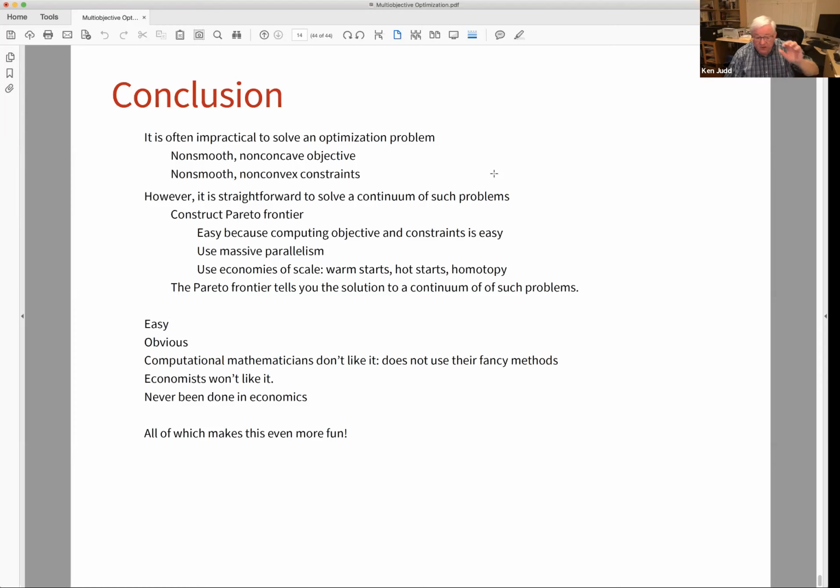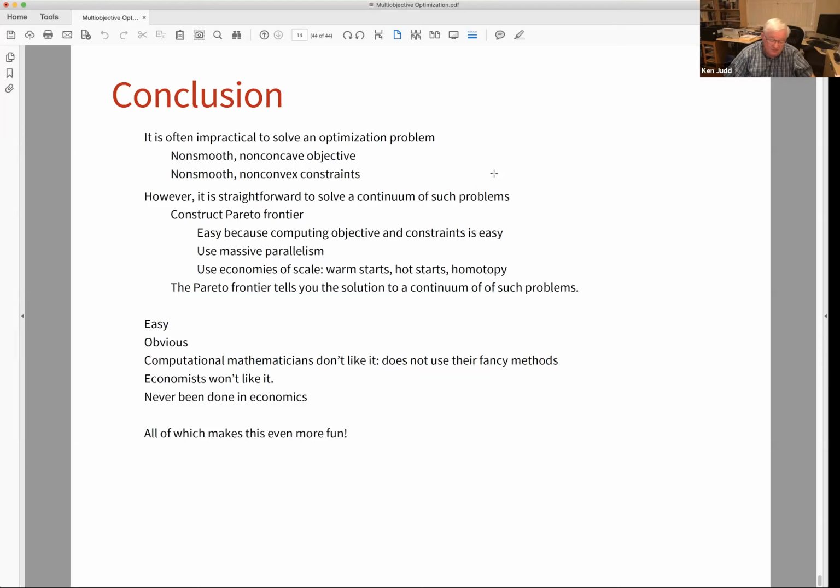Because as with the tax problems, we can transform it into solving for the Pareto frontier. That works because, given the design vector, computing the utility payoff and the revenue payoff is very easy. Then you can solve for the Pareto frontier, and then you line it up, and you have some revenue constraint.